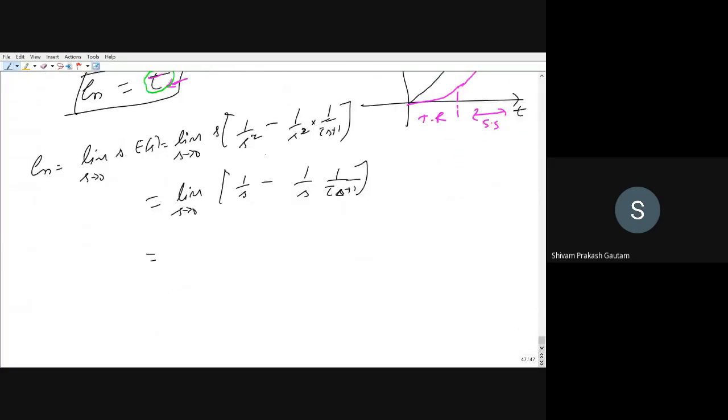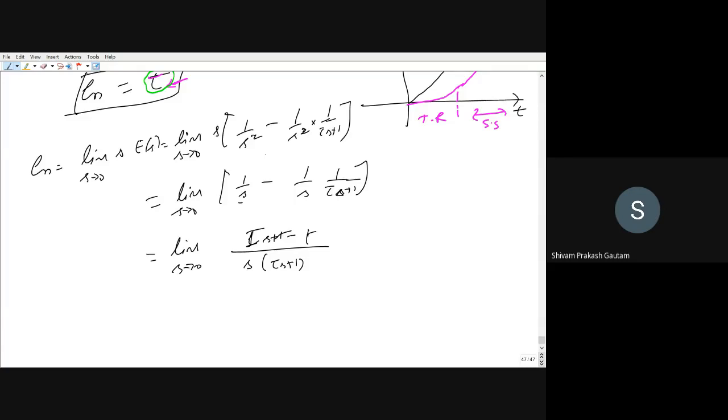We will take the LCM. So limit s tends to 0, take the LCM, which is s(tau s plus 1). This is a common thing, so we will simply have 1 here. And here the s term is there but tau s plus 1 is not, so we write tau s plus 1. Here both the things, that is s plus tau s plus 1, so here it will be minus 1. So plus 1 minus 1 will cancel out.